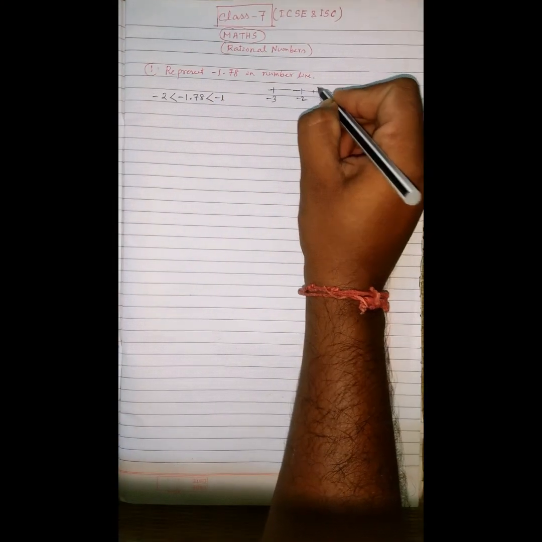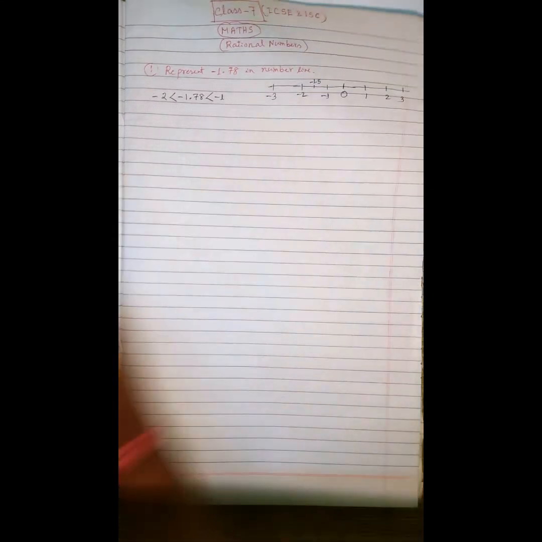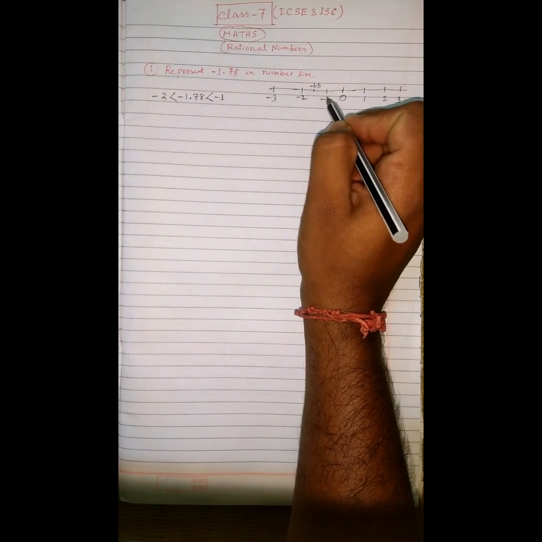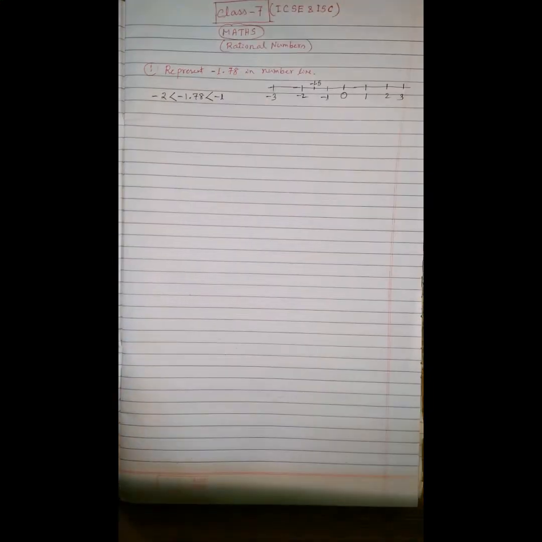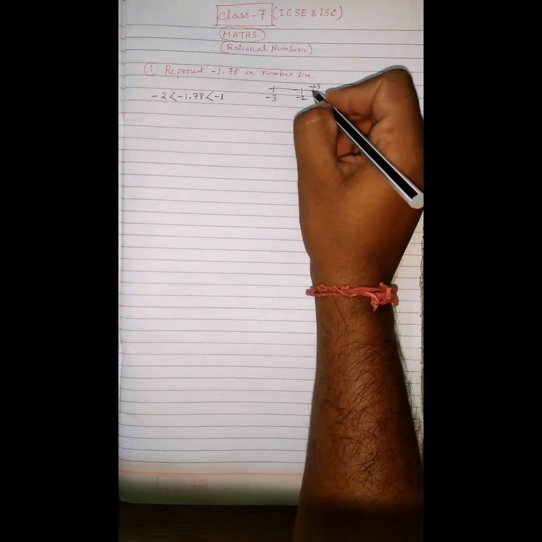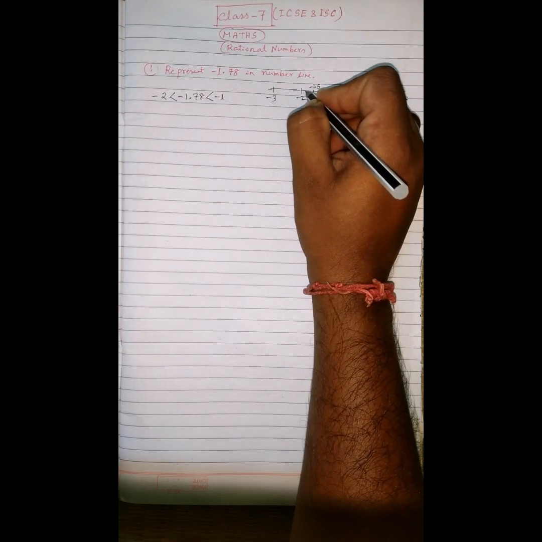If this point is minus 1.5, which is the middle point of minus 1 and minus 2, then minus 1.78 obviously lies near minus 1.5 and towards minus 2.